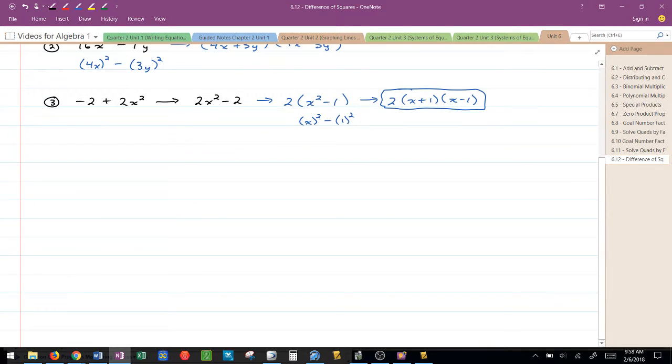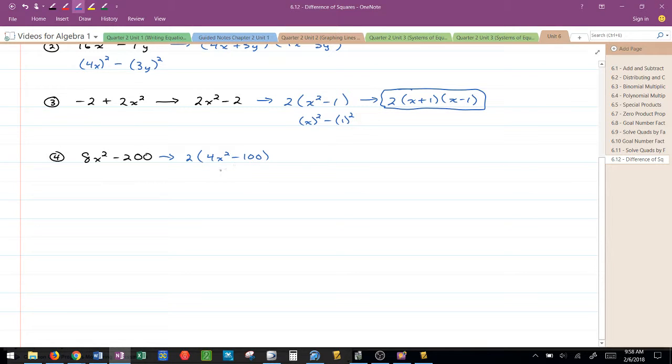All right, a few more examples here just to give you a bunch of different scenarios. Let's say that I have 8x squared minus 200. All right, the first thing I notice here is I've got a GCF of 2. I know that 2 goes into both of them, leaving me with 4x squared minus 100 inside.